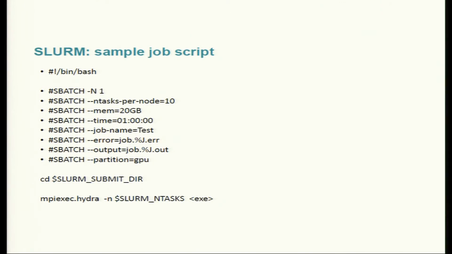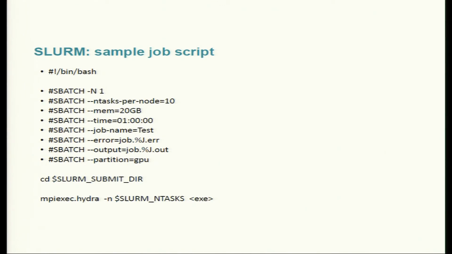Then in Slurm we have partitions, which are equivalent to queues in other batch systems, and I'll give you a demo in which you can see the different partitions, and we have to name one of the partitions. There can be a default partition also. If we don't name it, we get the resources from that partition. Then these are some job environment variables like SLURM_SUBMIT_DIR.